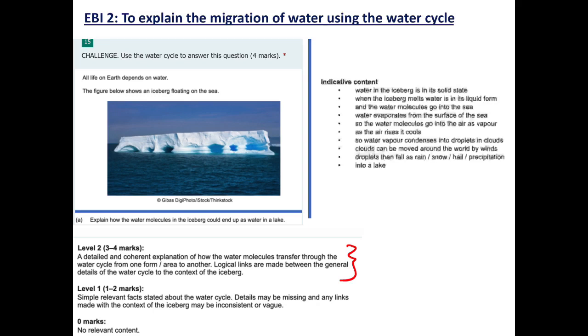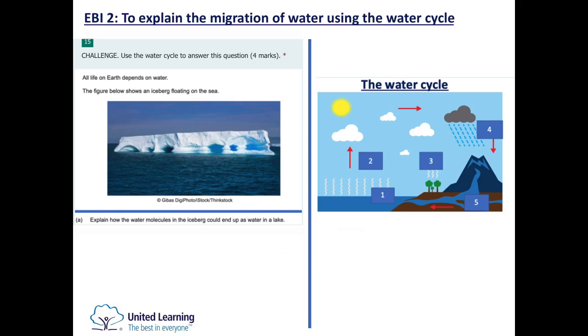So this is the indicative content. Ideally, you should have most of this in your answer. You don't have to have all of it in your answer, but as long as you can talk about some of these points. And I'll show you an example.